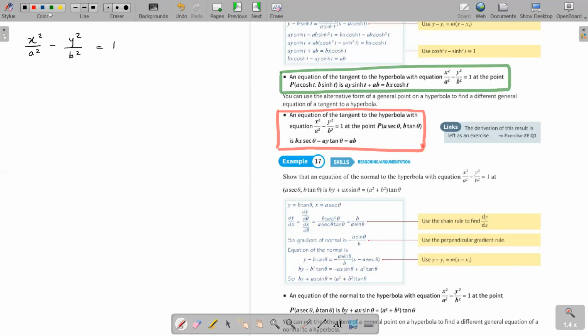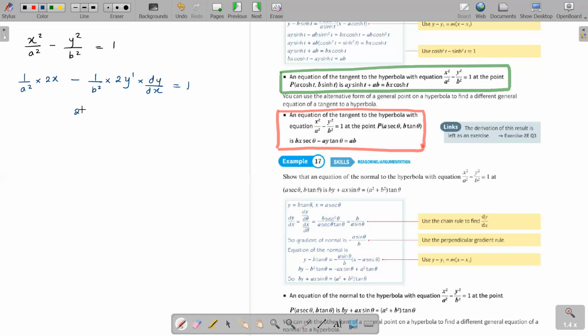So what do I get when I differentiate? 1 over a square, x square differentiation is 2x. Then minus 1 over b square into y square differentiation with respect to x: priority for the power, 2y to the power 1. After you're done with the power, go inside, differentiate y, we get dy by dx equals 1.